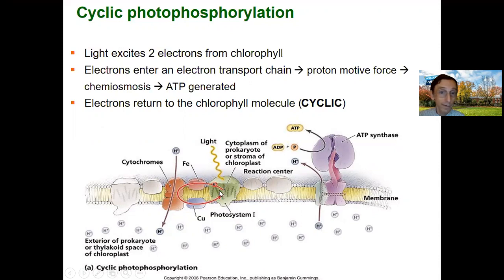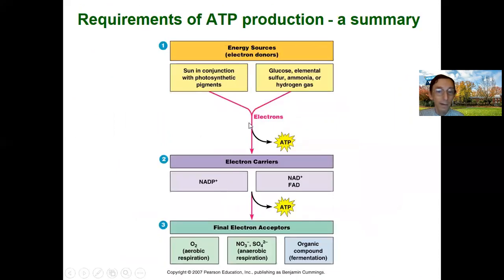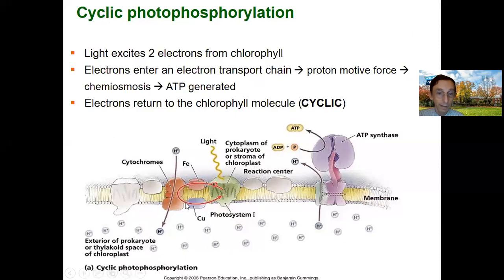And then these electrons go through an electron transport chain, to that protein in the chain, to that protein in the chain, and to that protein in the chain. And then the electrons return to the chlorophyll. So the electron returns to where it started from. That is why it is called cyclic photosynthesis. It goes in a cycle.